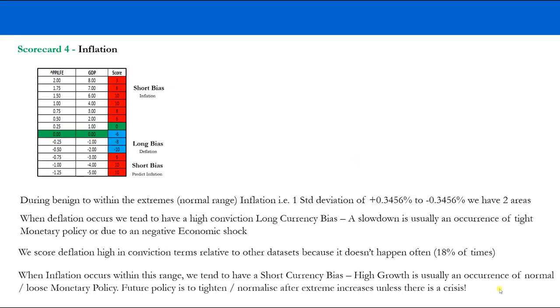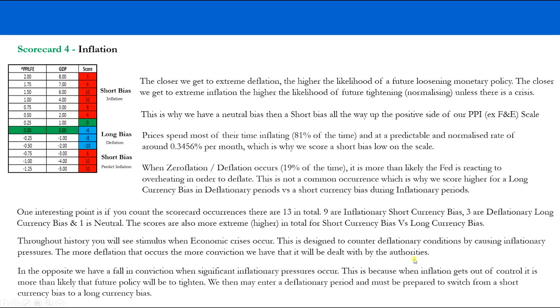So let's put all of this together and try to cement exactly what's going on here again. So keeping an eye on our scorecard on the left as we go through things, the closer we get to extreme deflation, so this area here, the higher the likelihood of a future loosening monetary policy. And the closer we get to extreme inflation, the higher the likelihood of future tightening or normalizing, unless, of course, there's a significant crisis, and this must continue.